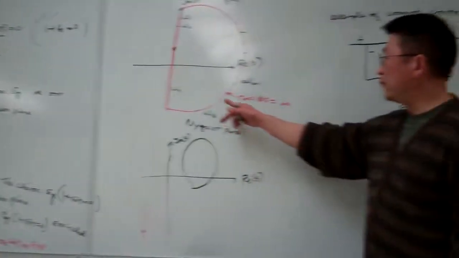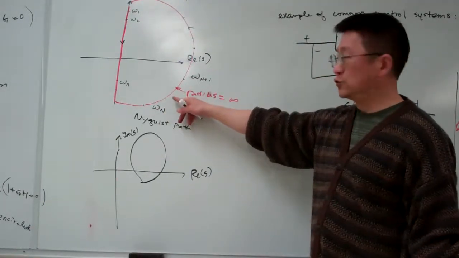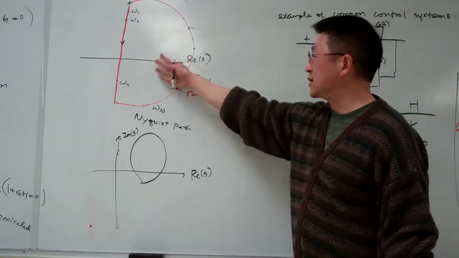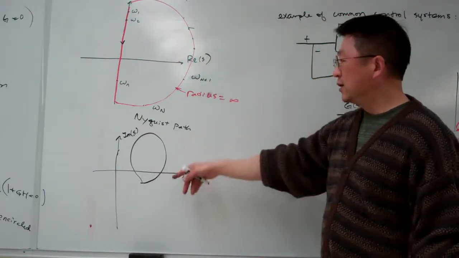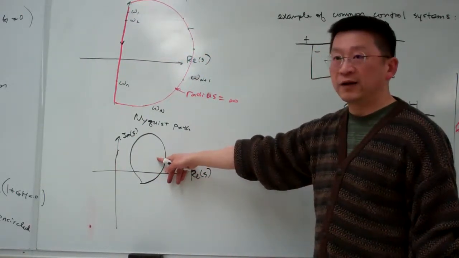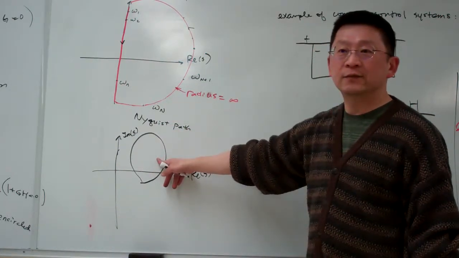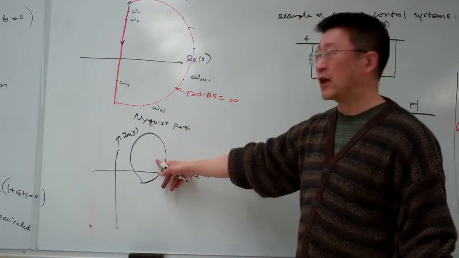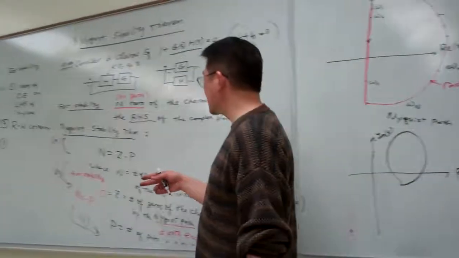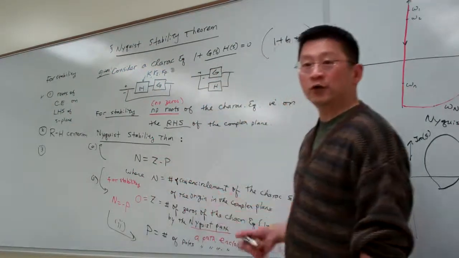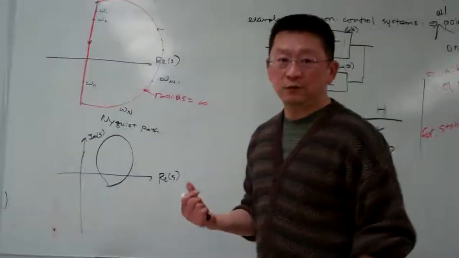For our stability in controls, we like to study the entire right-hand side. But in general, from the complex analysis viewpoint, this path can be arbitrary. If the path can be arbitrary, that makes other possibilities for the numbers N and P. Good? Okay, so we can stop.